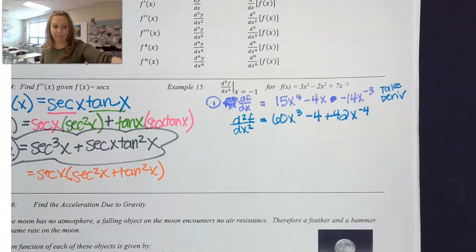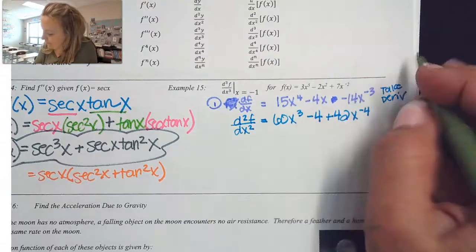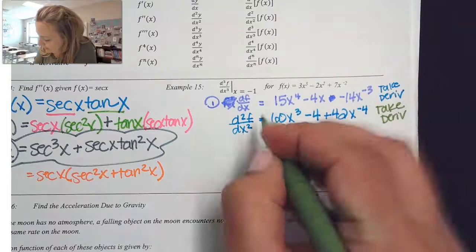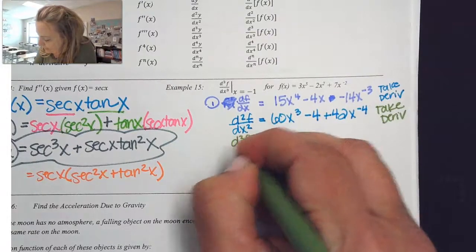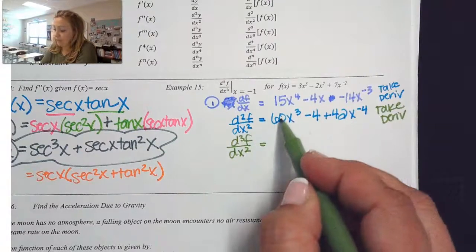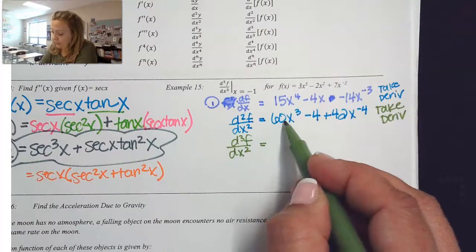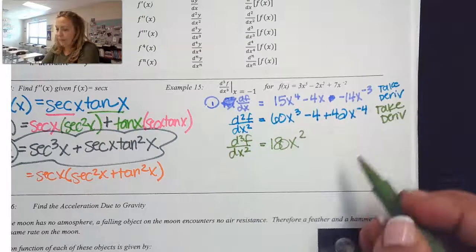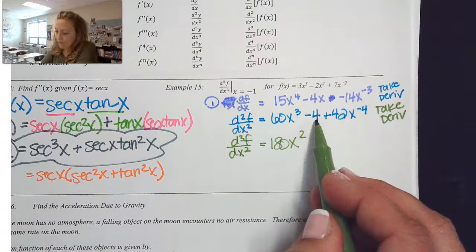Now we want to take the derivative of this. To find the third derivative, I'm going to take the derivative of the second derivative. So that would give me 180x squared. The constant would turn into 0.